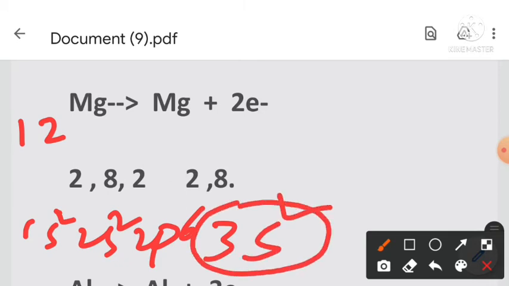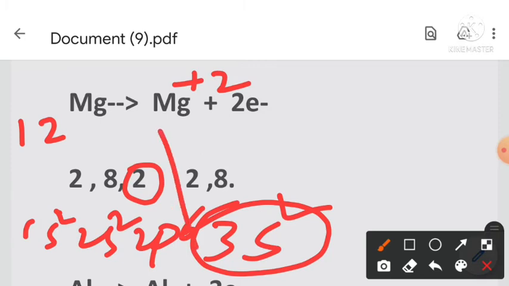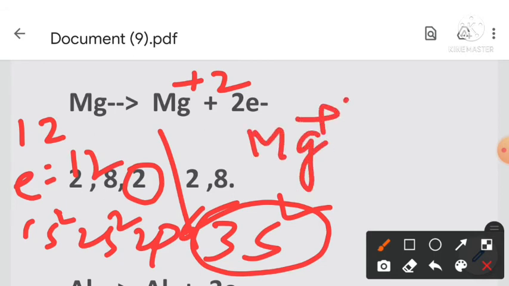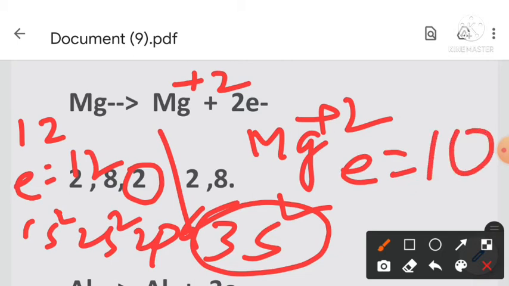It is the outermost shell, so it loses its electrons and gets a +2 charge. In the magnesium atom, the electrons are 12, whereas in the magnesium ion the electrons are 10. In this way, it loses 2 electrons from its outermost shell.